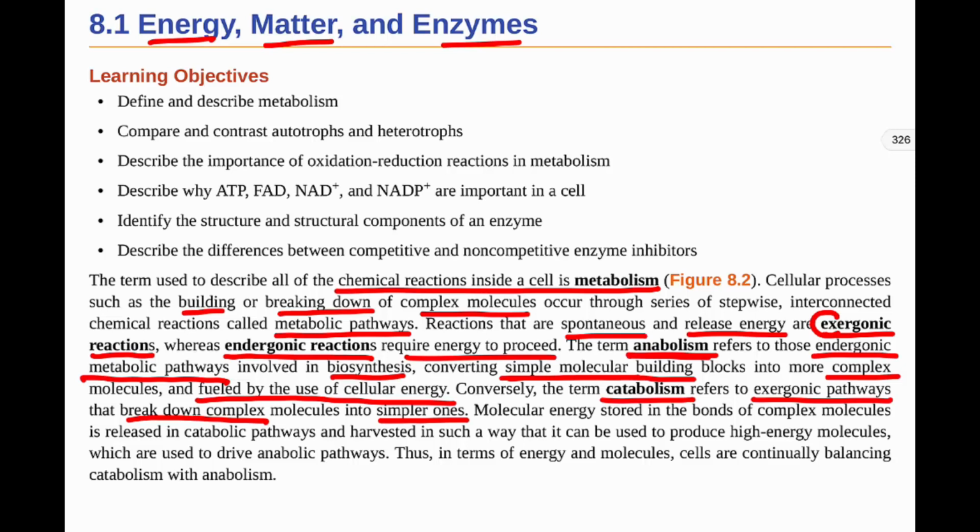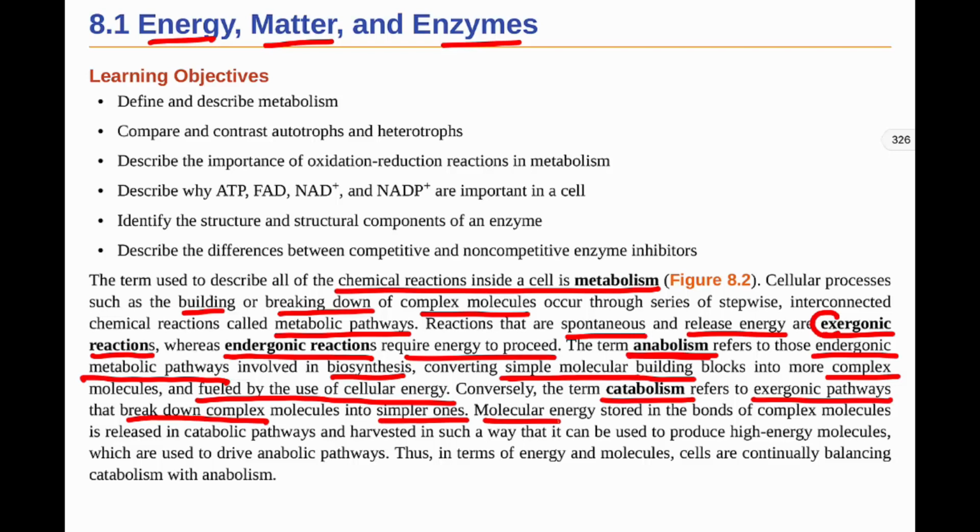That is a process that our bodies go through. For example, we eat something that has protein in it, and we take those large pieces of protein and break them down. We go through catabolism. We break down those complex molecules into simpler ones, into the amino acids that we can then use and then store that energy if we need to, that we have gained from that process. So that is an exergonic pathway, releasing energy.